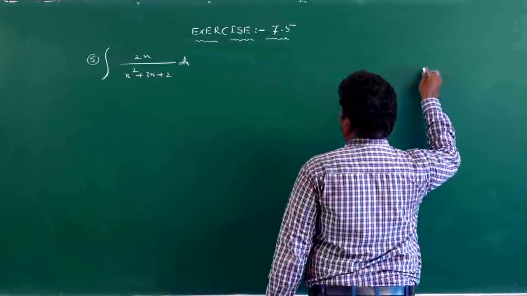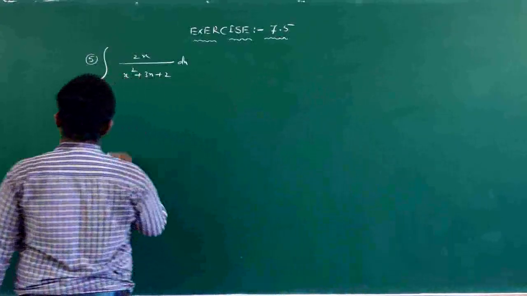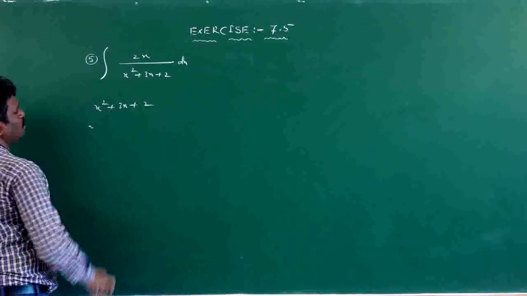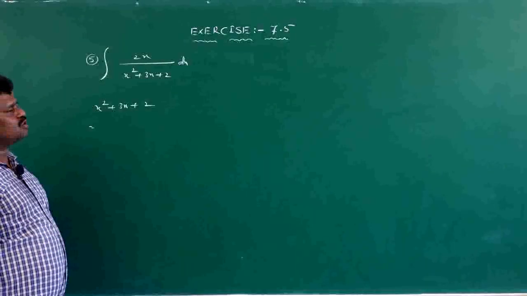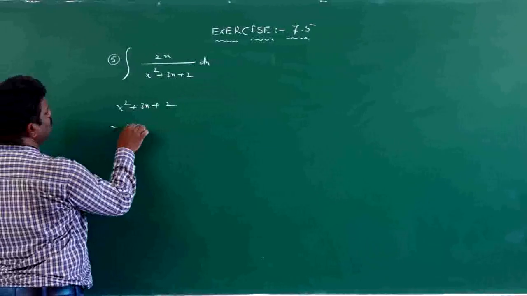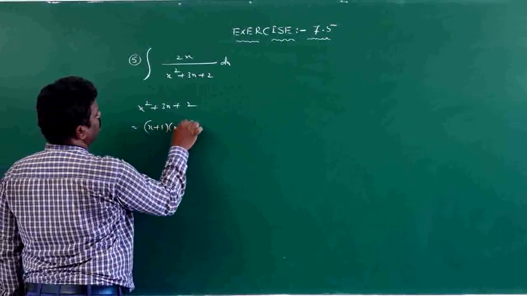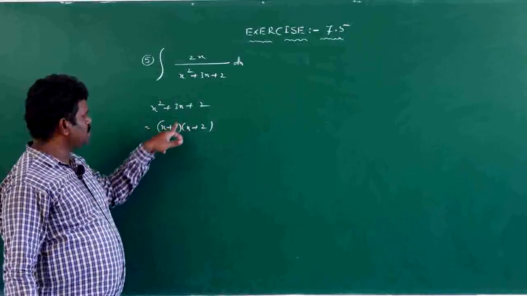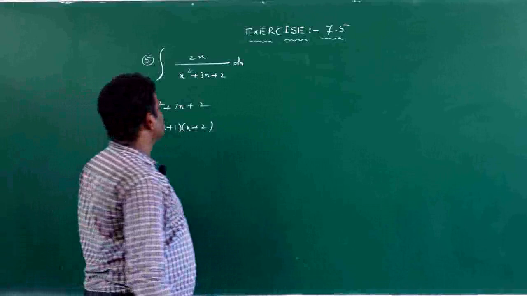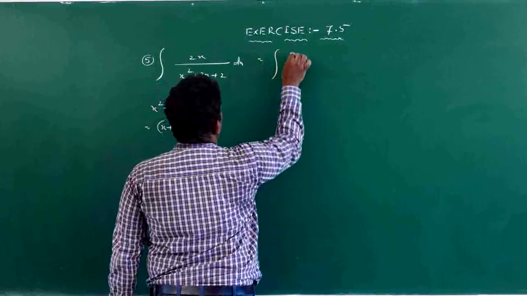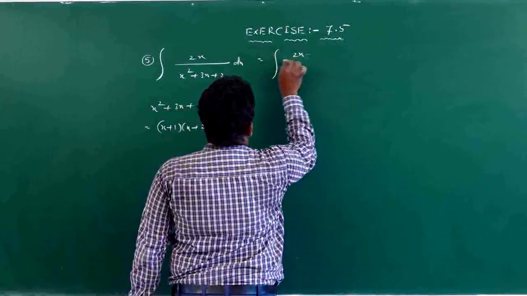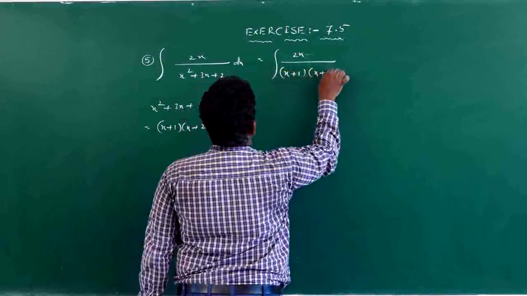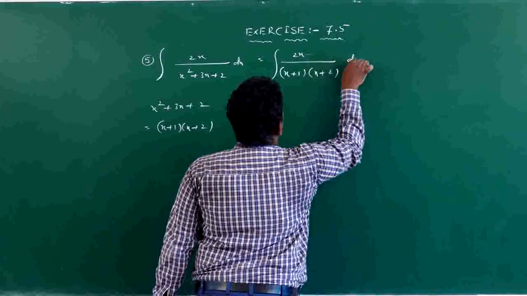Suppose x square plus 3x plus 2 is given. For factorization, the factors of 2 are 2 into 1, so it is mostly (x plus 1) into (x plus 2). Correct factors are (x plus 1)(x plus 2): x into x is x square, 2x plus x gives 3x, 1 into 2 is 2. So the integral is 2x by (x plus 1)(x plus 2) dx.